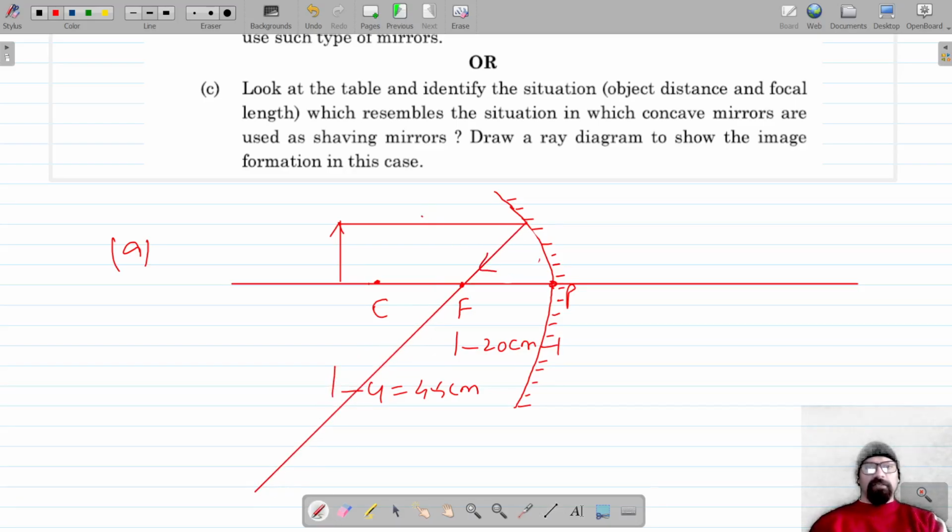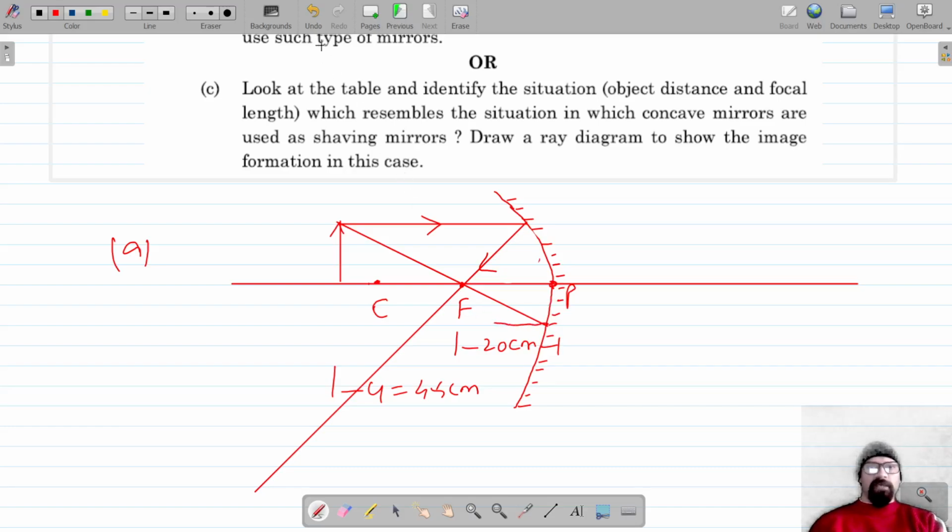We consider one more ray: the ray of light going through the principal focus will come out parallel to the principal axis after reflection from the concave mirror.